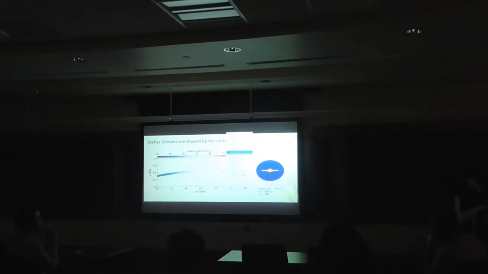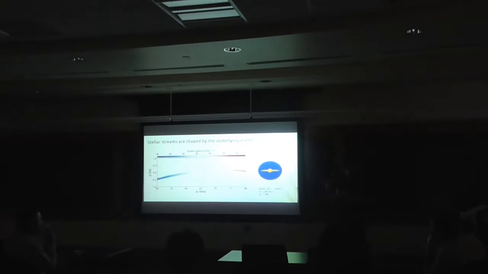And so if we then start changing the properties of the galaxy, like increasing the mass of the halo or increasing the mass of the disk, the shape of this stream changes, and also the velocity structure that we can measure along the stream.